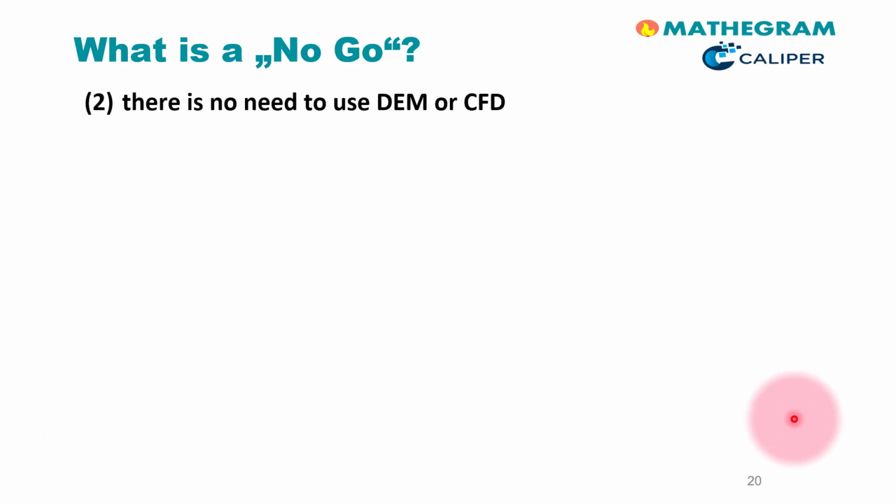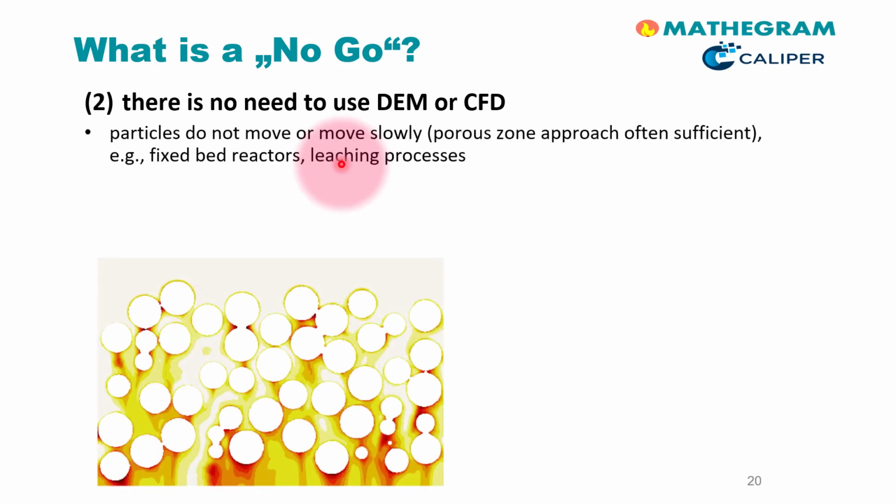The second set of situations in which CFD-DEM coupling does not make sense consists of situations in which there is simply no need to use the DM. For example, if particles do not or only slowly move, the DM may not be necessary at all. In such situations, it is often sufficient to use a porous zone approach.